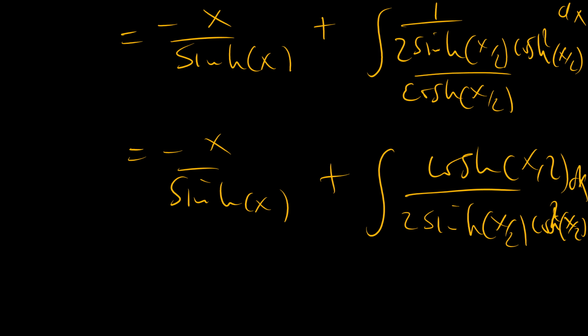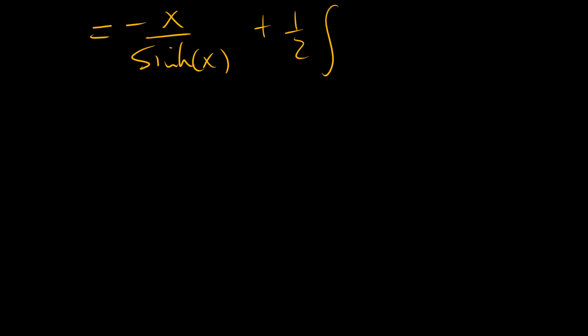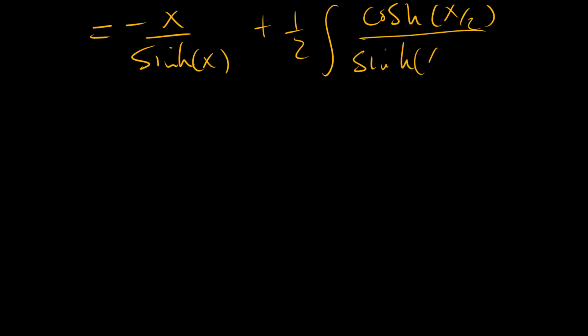So this becomes negative x over sinh of x plus a half, and on top here we have cosh of x over 2 over sinh x over 2 cosh squared x over 2.